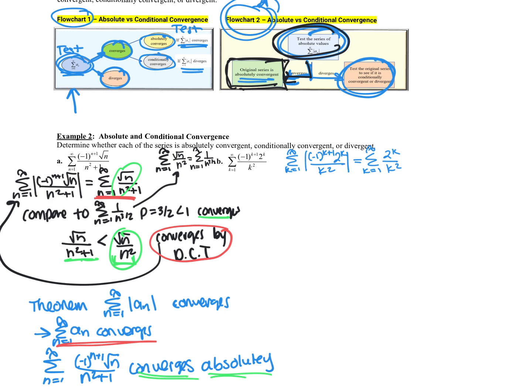And if I look at this, I can already see that the top is growing faster than the bottom because 2 to the k is bigger than k squared. So I can already tell right away that the limit as k approaches infinity of 2 to the k over k squared, 2 to the k is an exponential. It's going to grow faster than k squared, so this limit will be infinity, which is not 0. So this guy, the absolute value, diverges by the nth term test.